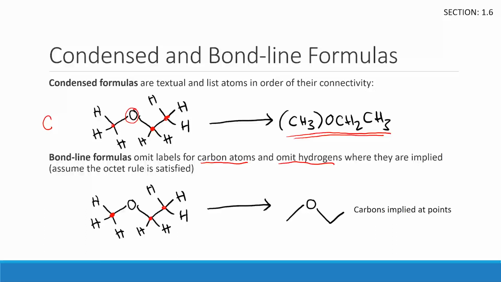And we are not going to draw the hydrogens. So that's how we get this. Here's our carbon, the first carbon connected to an oxygen, and then the second carbon and the third carbon. This would be the structure you ultimately would draw. And we know that it's equal to this structure. We know that all of those hydrogens are there, and we also know that each of those points is a carbon.